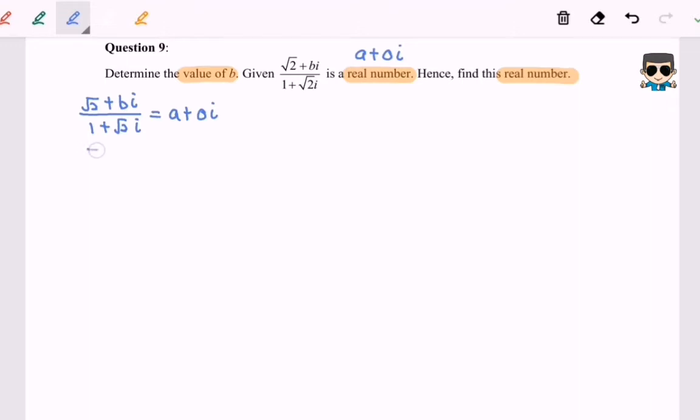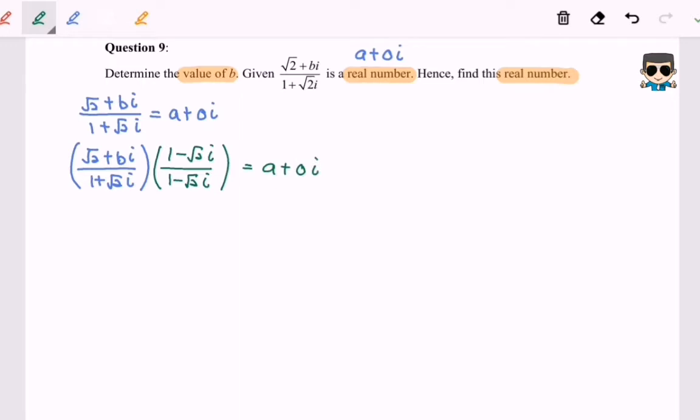So focus on the denominator. Our conjugate will be 1 − √2i. Our main objective is to make it a real number.